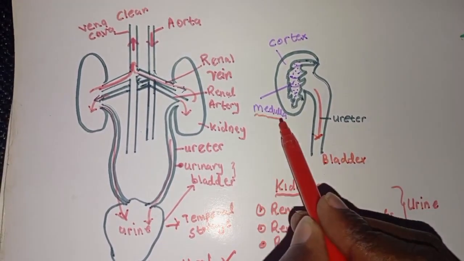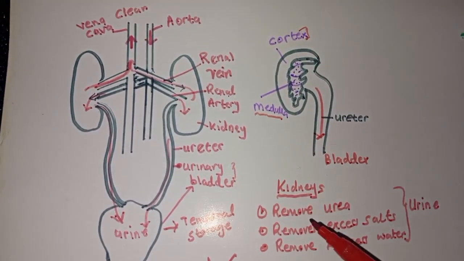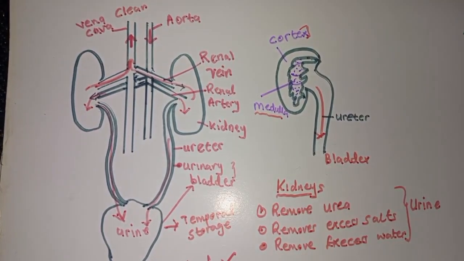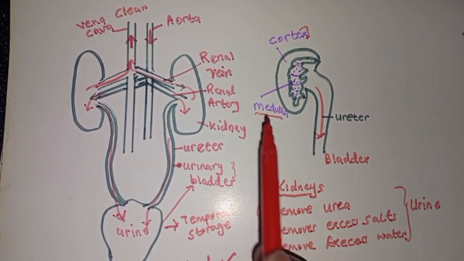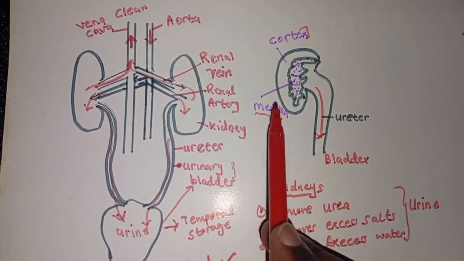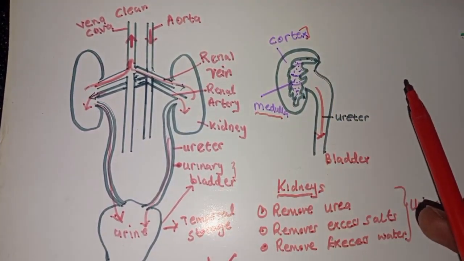It has the medulla, and it has the cortex, which is on the outer part, and these have functions. They have cells. The medulla has cells that are actively involved in forming urine. The cortex, usually the cells there are supporting cells.